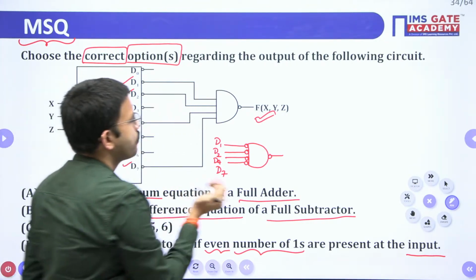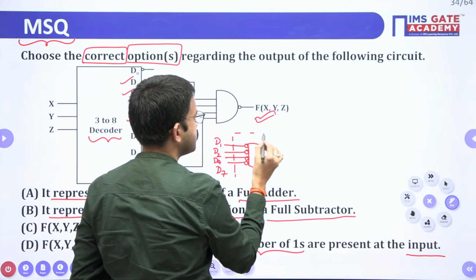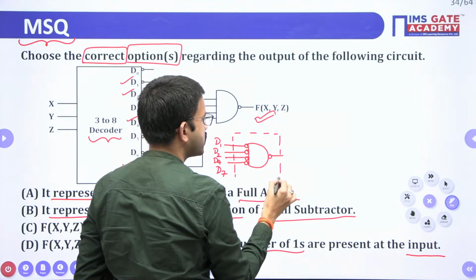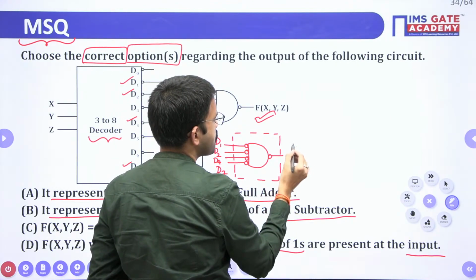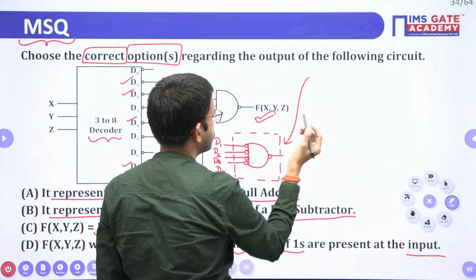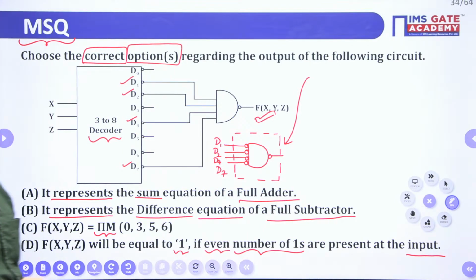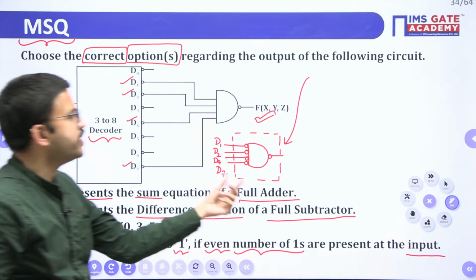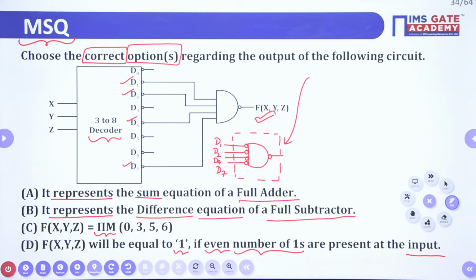Now what will this logic gate be? All of you please try. You are having a NAND gate with bubbles at the inputs. Then that particular logic gate we can replace with which gate?